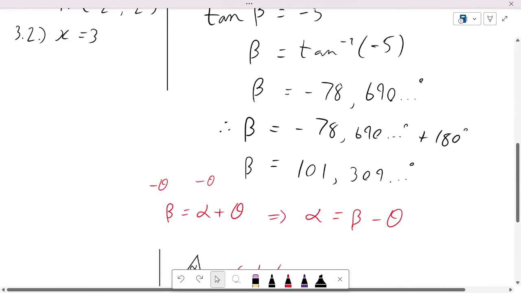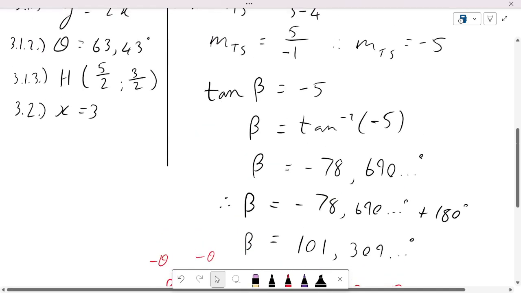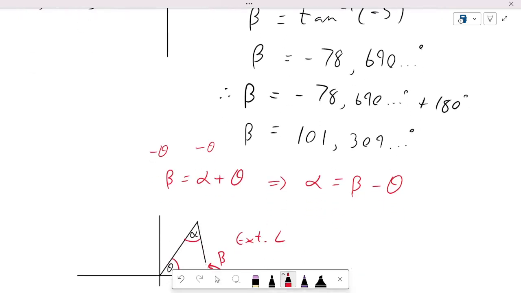So, now that we know our beta and our theta, remember we also determined our theta, which was equal to 63.43 degrees. Therefore, what we can do is determine our alpha.